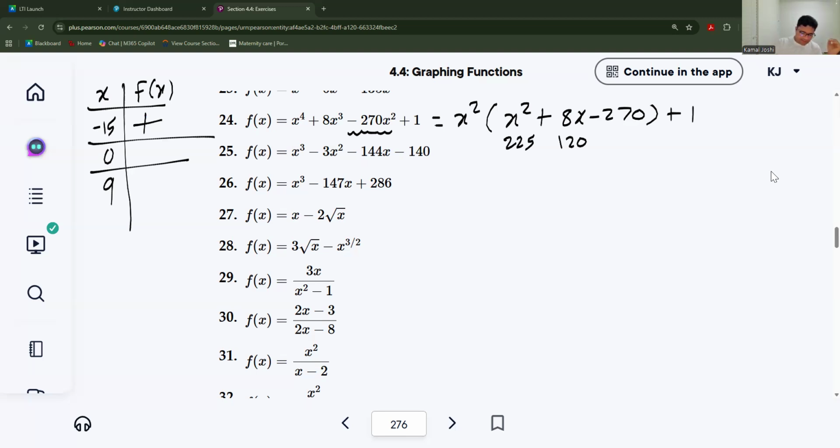It's above the x-axis. Similarly, if you plug in 0, clearly 0 gives 1, which we already did, that's the y-intercept, and that is again positive.